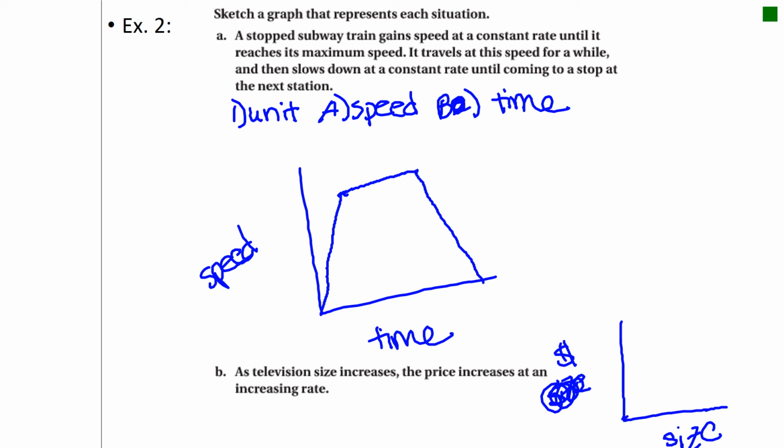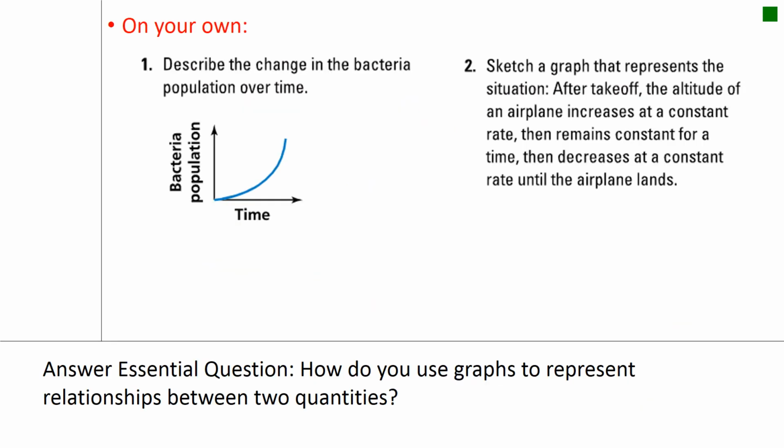So this one's talking about how price depends on size. This one will be a curvy one because this is an increasing rate. If it doesn't say consistent, then it's not a straight line. Increasing at an increasing rate means curvy. All right, go ahead and try these two on your own. Check back in when you're ready to go over your answers.